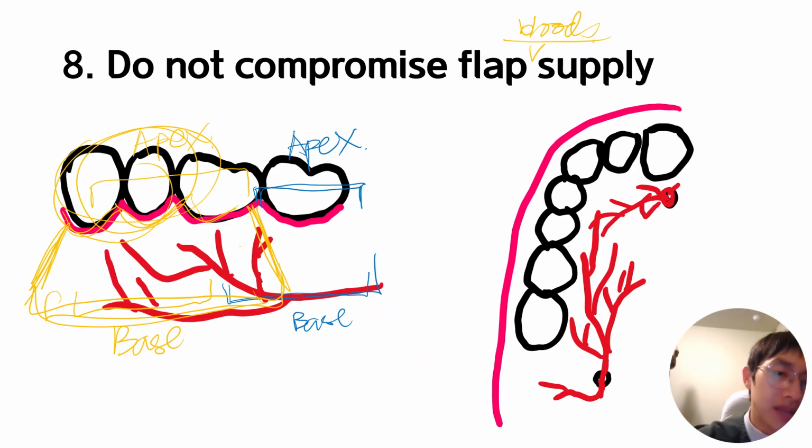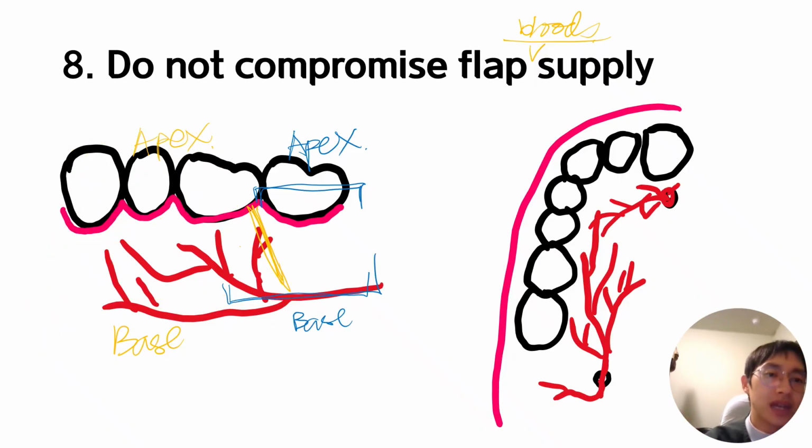So if there is a mental foramen here, about the apex area of the mandibular premolars, assume that there are some nerves coming out. We don't want to cut the nerves, so be conscious about it and be careful.